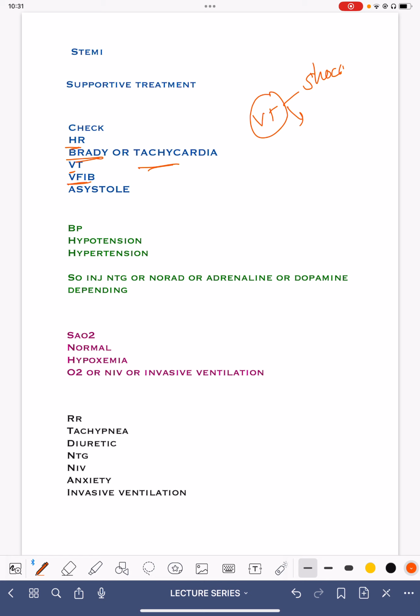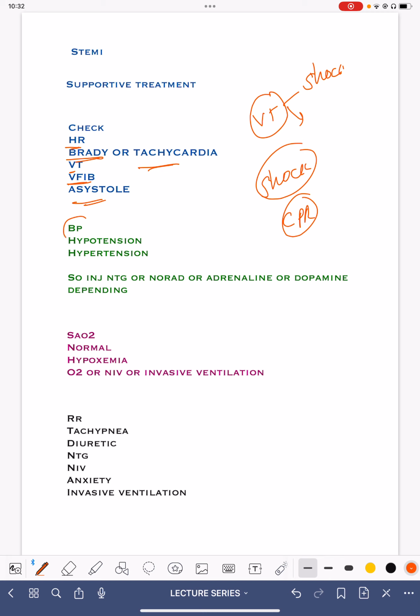If the patient has ventricular fibrillation, then again we have to shock. There is no choice for ventricular fibrillation, it has to always be shocked. And if the patient has asystole, meaning the heart is not pumping at all, we don't have any choice other than to give CPR until there is a revival of the normal beating cycle of the heart.